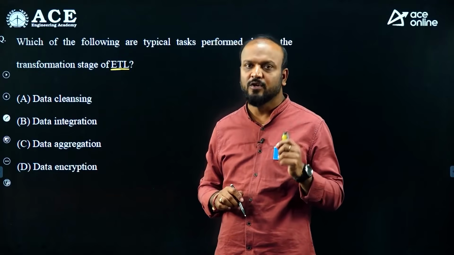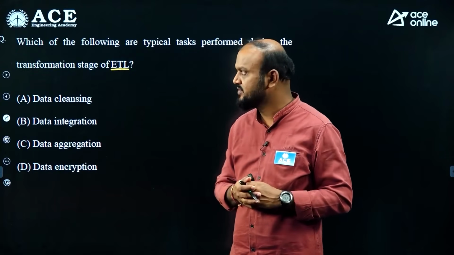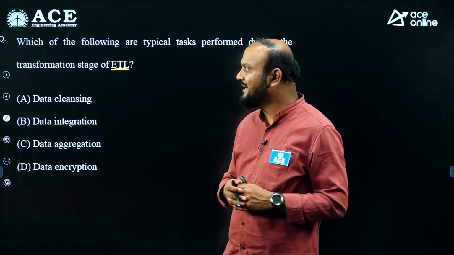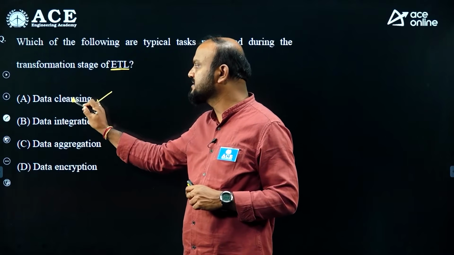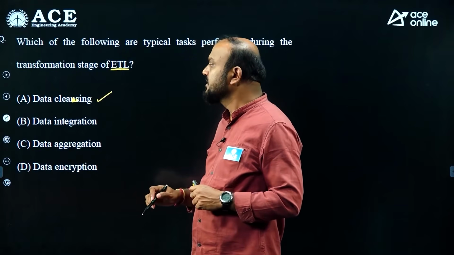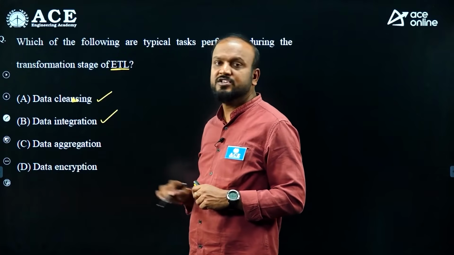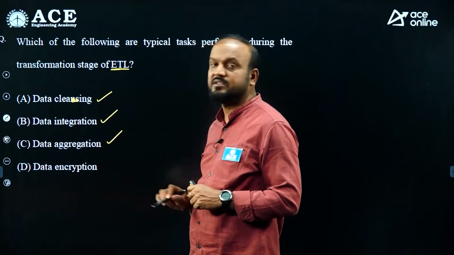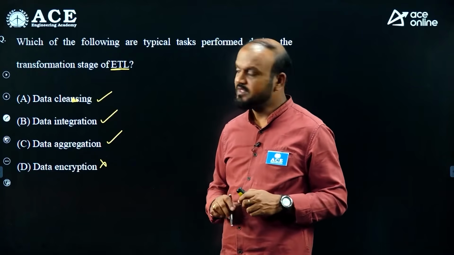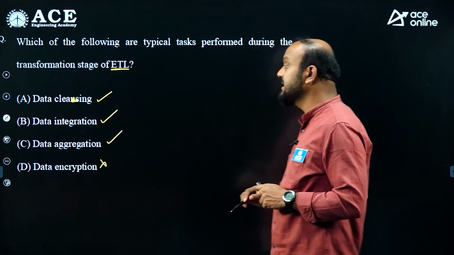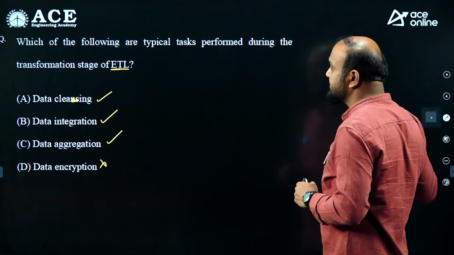Extract, transform and load while building the data warehouse. The ETL process consists of data cleaning, data integration, data aggregation, but encryption is not part of ETL. So the answers for this question are A, B and C.